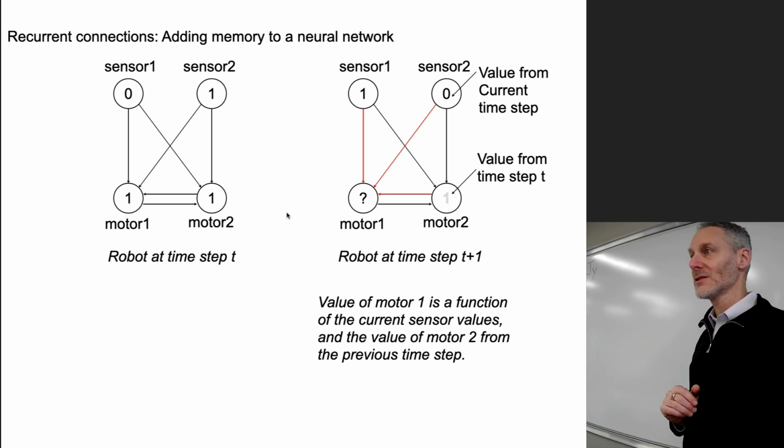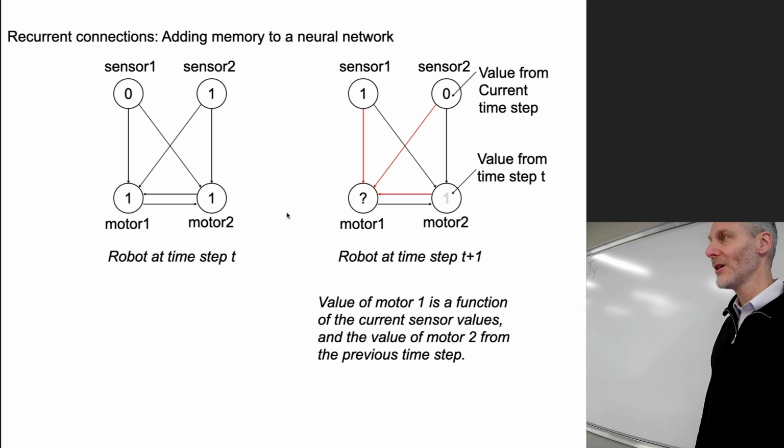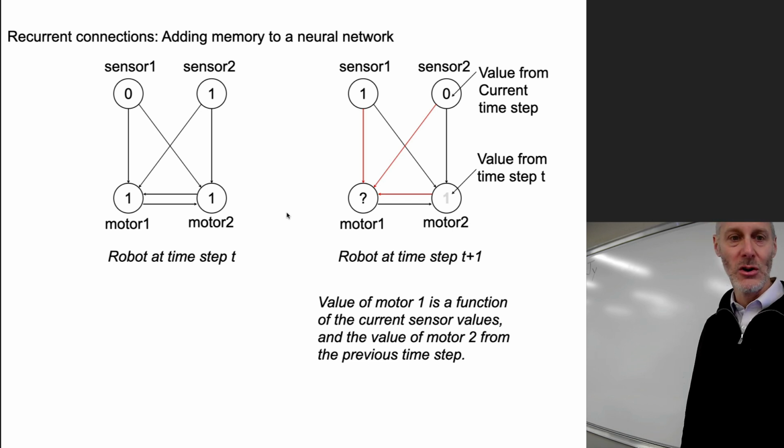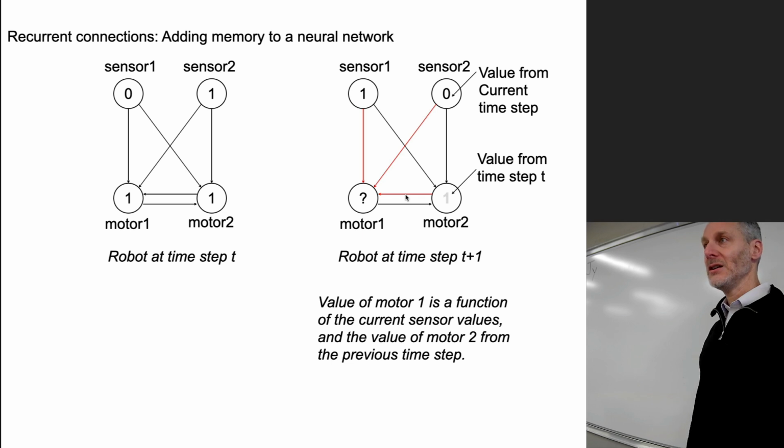Kind of important. You've all probably seen movies with people with very short-term memory loss or total memory loss. Very difficult to get around in the world if you can't remember anything. So good for neural networks and good for robots. We're going to see a number of robots shortly where it may or may not be useful to have memory.